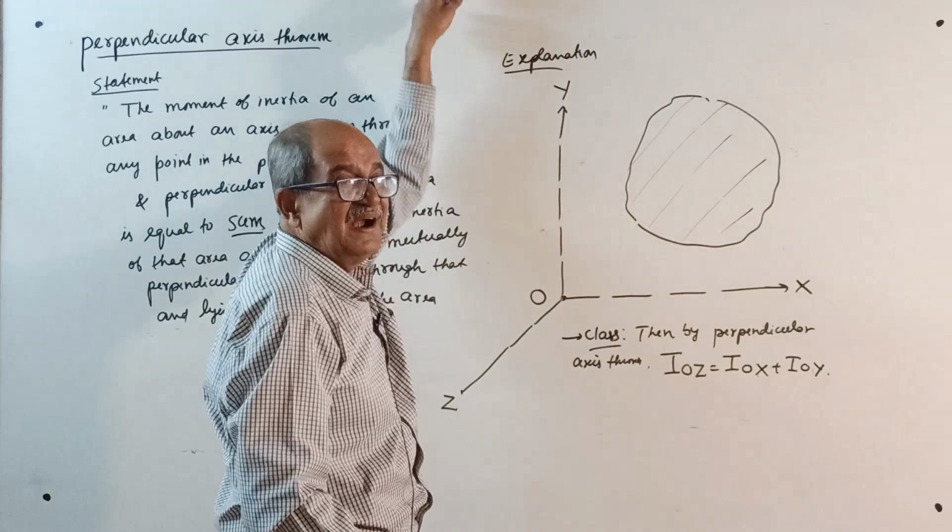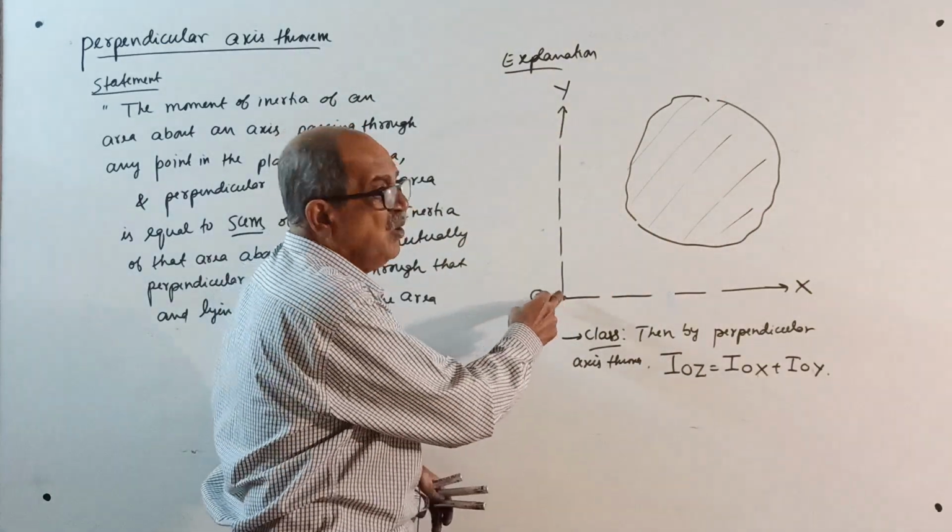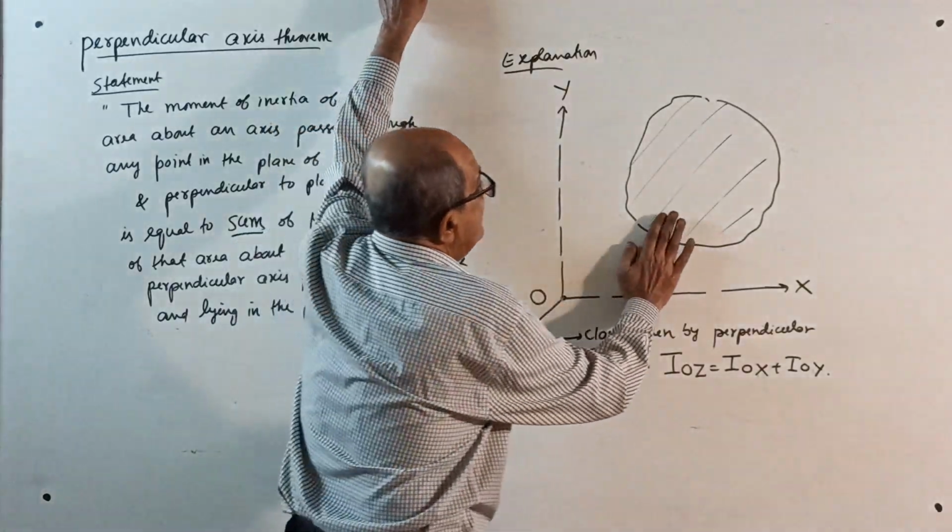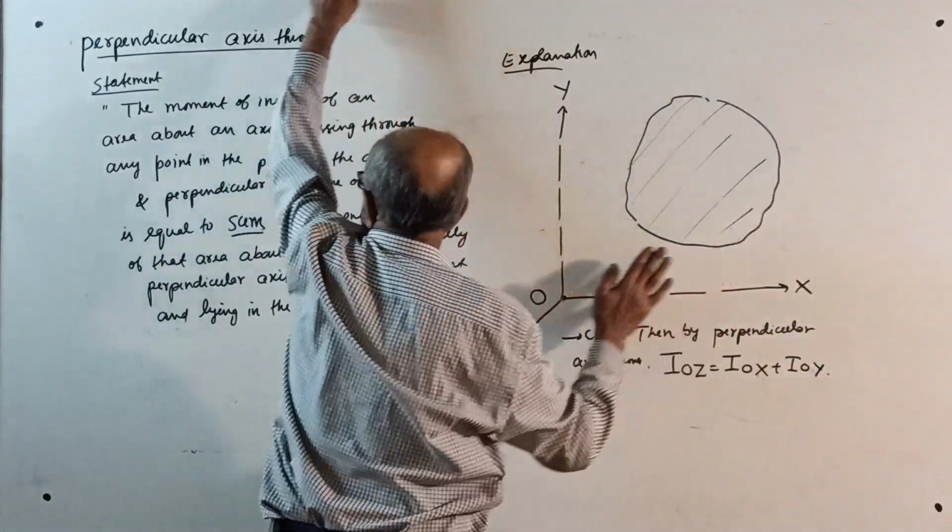That's all, to show that this point O can be anywhere, but very important, in the plane of the area.